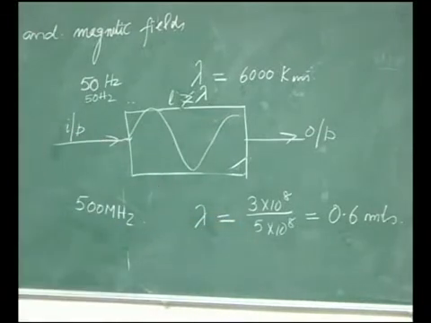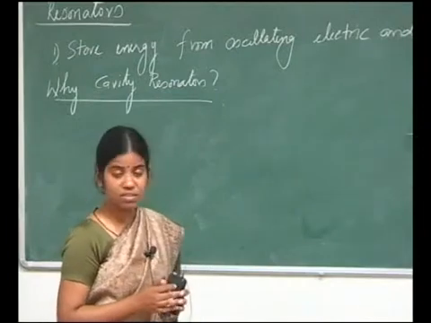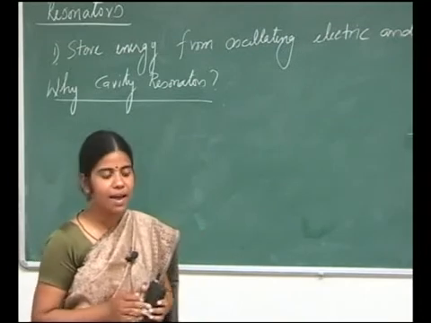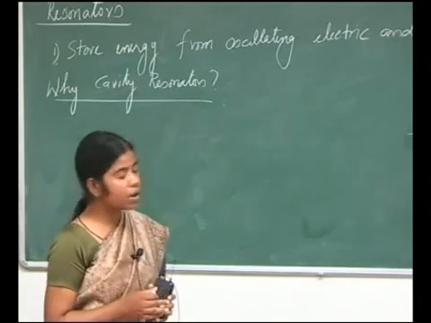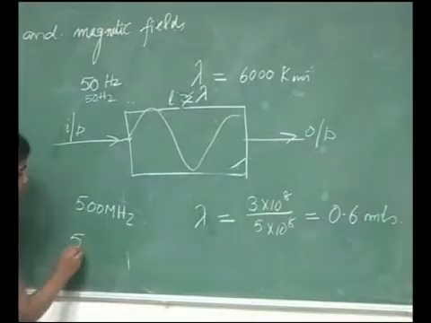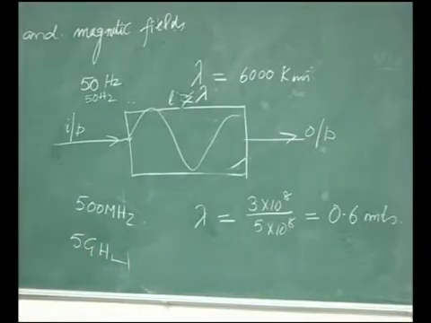So it means the dimension that I require is becoming smaller and smaller. And we know that all our circuits, all the inductance, resistance and capacitance, they are lumped. That is, they cannot work at such high frequency, because suppose at 5 gigahertz, the size of an inductor would be more than the dimension of the wavelength.